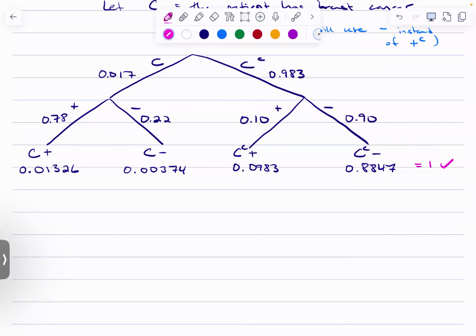Right, add those all up, should equal 1. Okay, good. Now we have all the probabilities that we could possibly want in order to solve any problem.